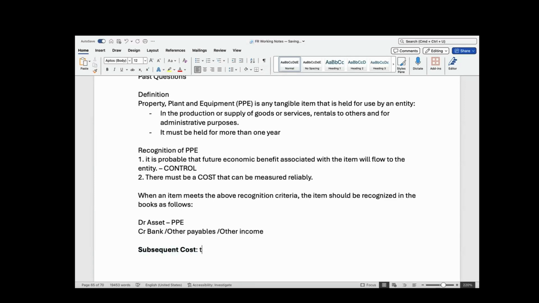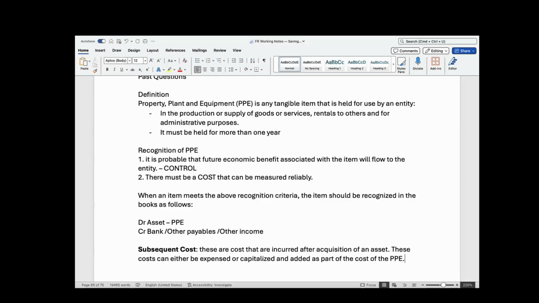So these subsequent costs, these are costs that are incurred subsequent to, or after, acquisition of an asset. And these costs can either be expensed or capitalized and added as part of the cost of the PPE. So we can either capitalize, or we can expense it.